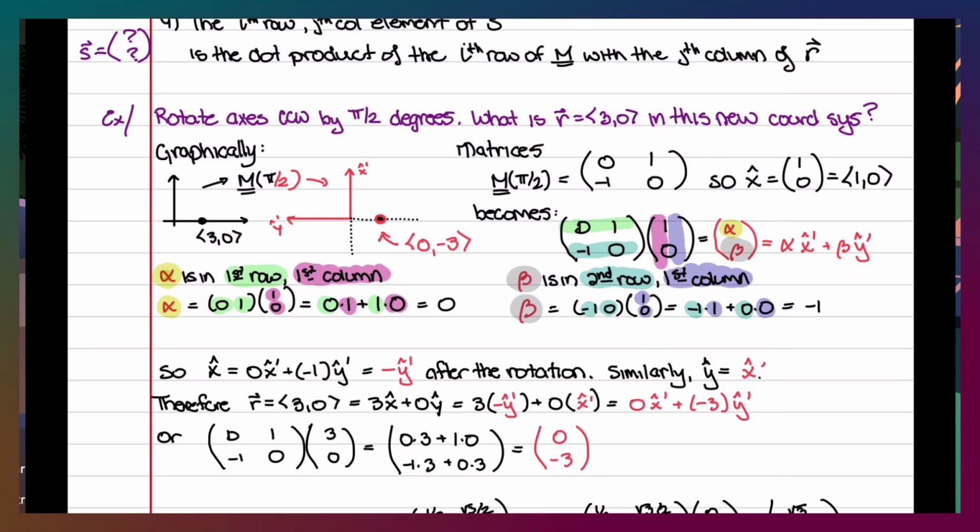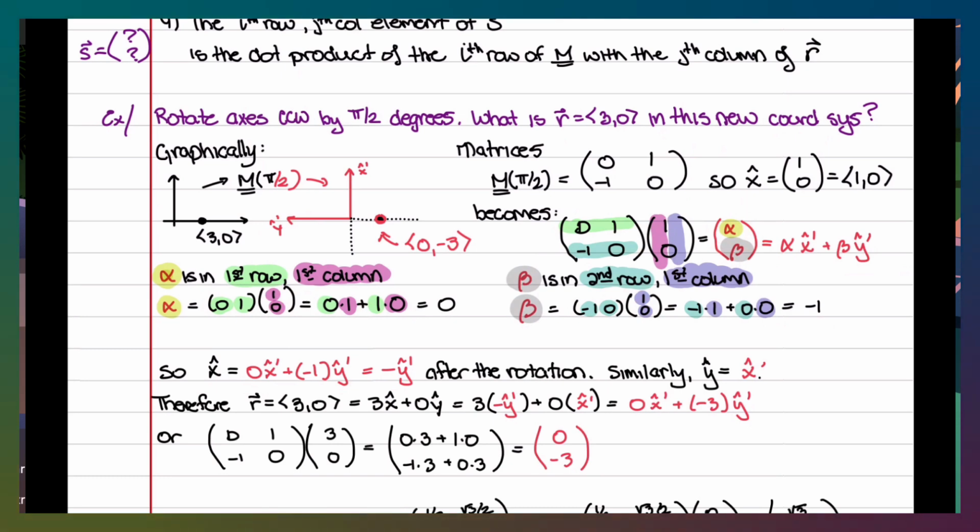What we are saying is that this unit vector, when we transform it, becomes in the new coordinate system just negative y prime.